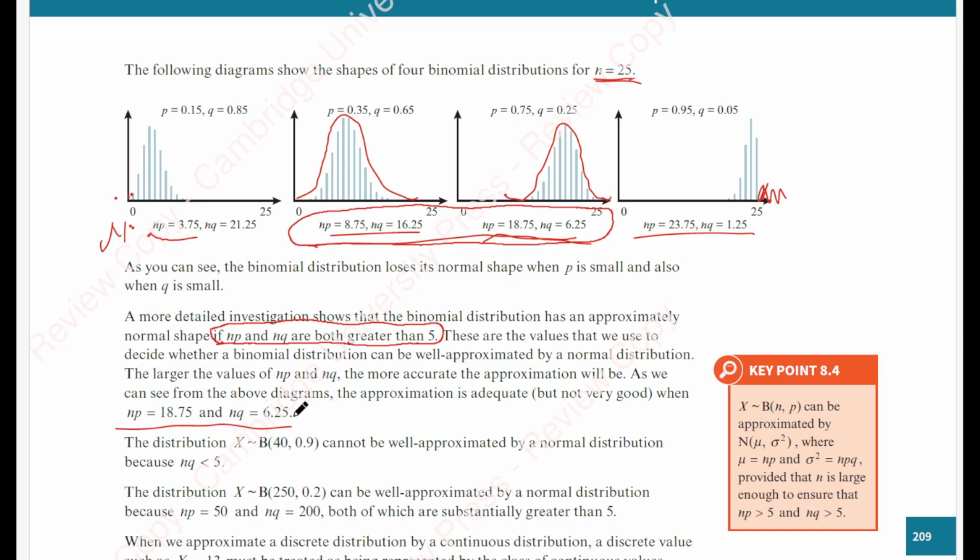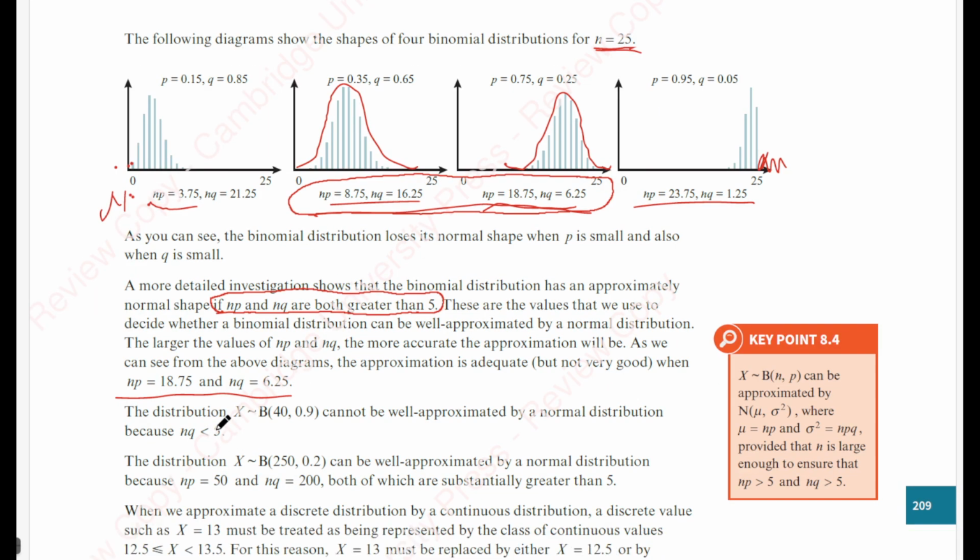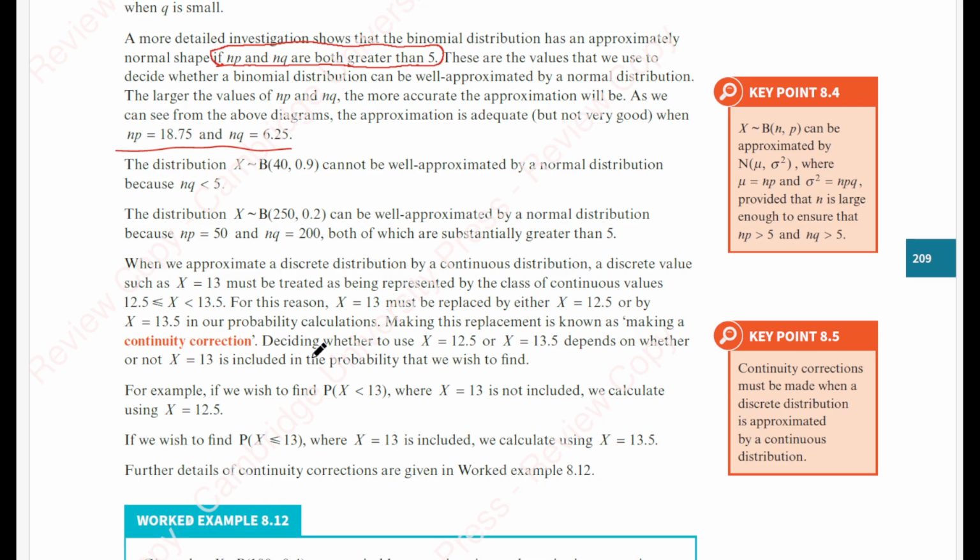If you have a binomial distribution, look, what does it mean here? It is the number of trials and the probability of a good trial.